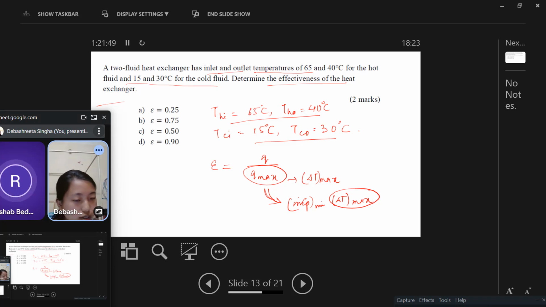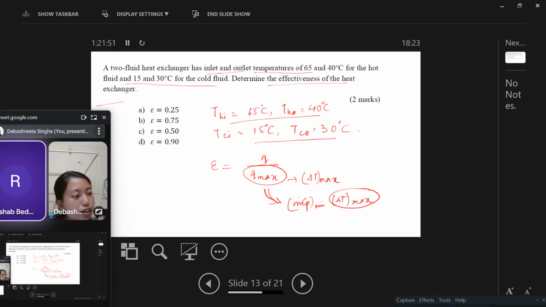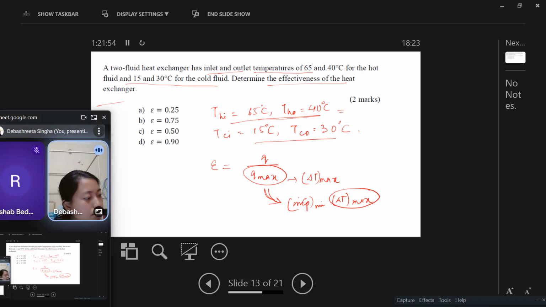Just do the delta T. Hot fluid, yeah. The difference here is coming as 25 degrees Celsius and the difference here is coming as 15 degrees Celsius. So delta TH is greater than delta TC. So that fluid should have the MCP minimum. And what about the Q? Q anyways is the same.